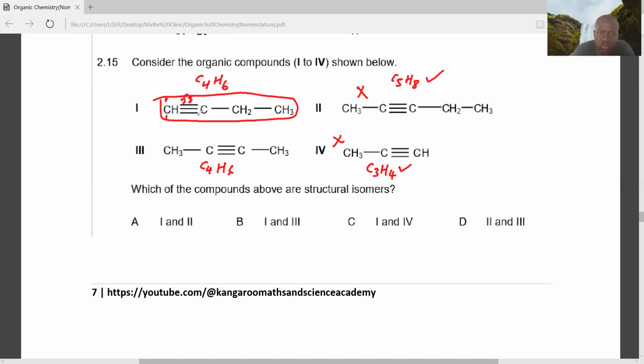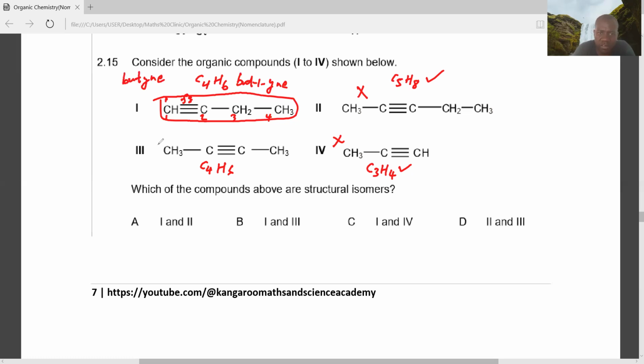So it's 1, 2, 3, 4. This will be butane or but-1-ene. Actually, let's just call it butane.